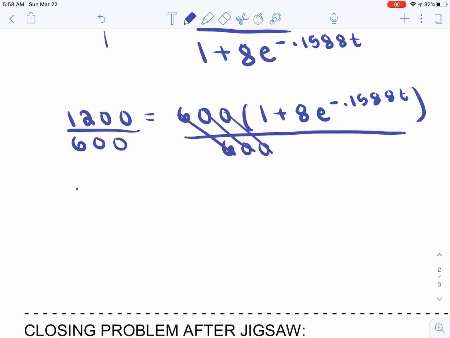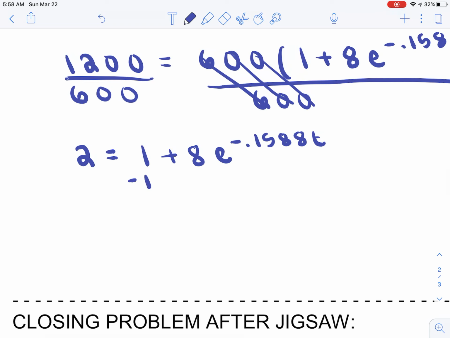And then notice by doing that, we get a 2 over here. Now, from there, we could subtract the 1. And then divide by the 8.